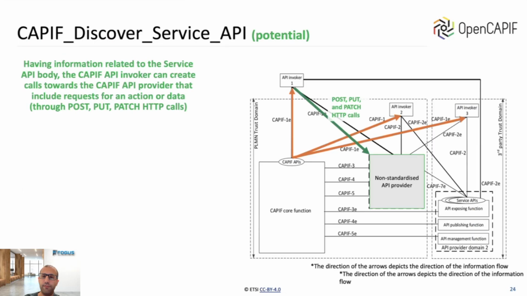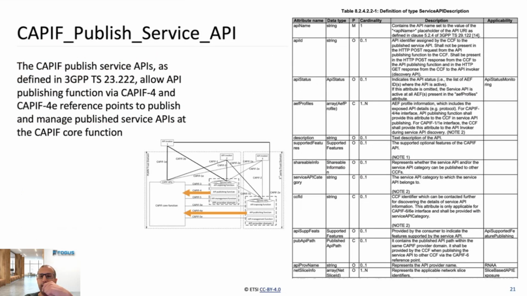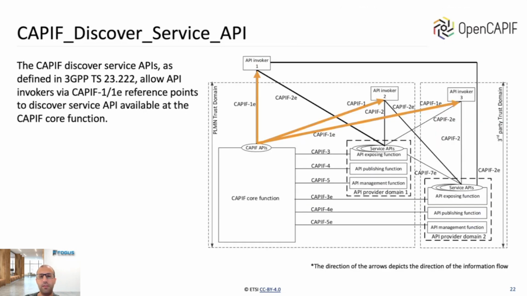If you remember from this slide, these are the information that the CAPIF specifies for its API description. So with the vendor extensibility feature, a provider has the capability to add some more fields on that table, some vendor specific fields.